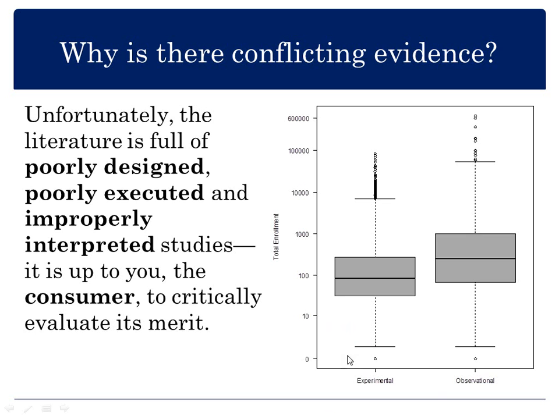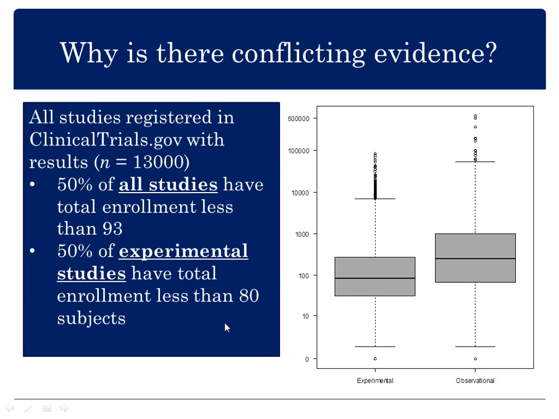It was basically a line at 0 and then dots for outliers for some larger studies. It turns out over 50% of the studies that I pulled out, and there were 13,000-something experimental studies in here, where the investigator had some control over which group the subject went into, had total enrollment of less than 80 subjects.